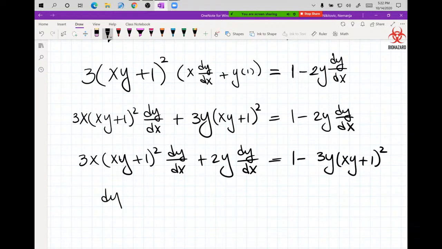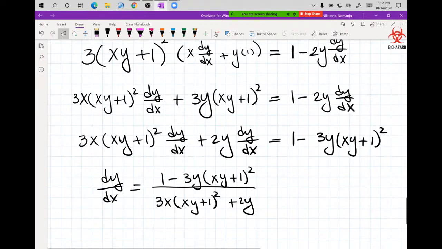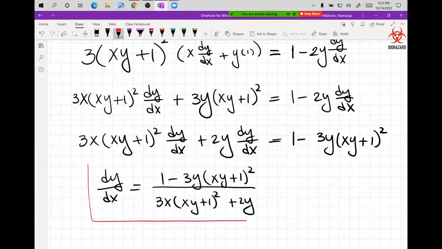Factor out dy/dx and skip a step: (1 − 3y(xy + 1)²) over (3x(xy + 1)² + 2y). Tons of fun, as you can see. But that's your derivative. It's the implicit derivative.